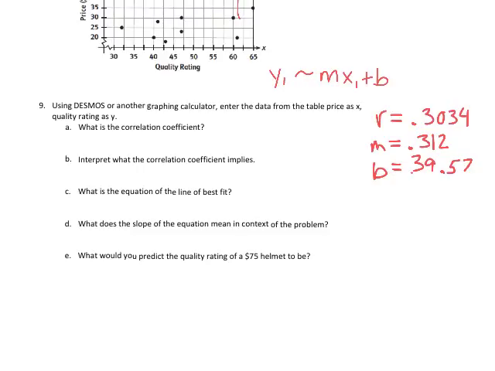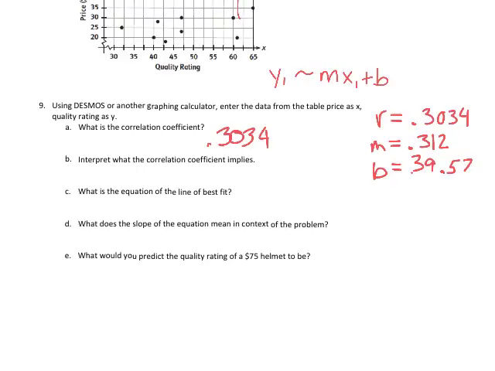Now let's go ahead and answer my question. What is the correlation coefficient? Remember, that's R. So that's going to be 0.3034. And then we want to interpret what the correlation coefficient implies. You need to be able to tell me two things about it. Is the number positive or negative?